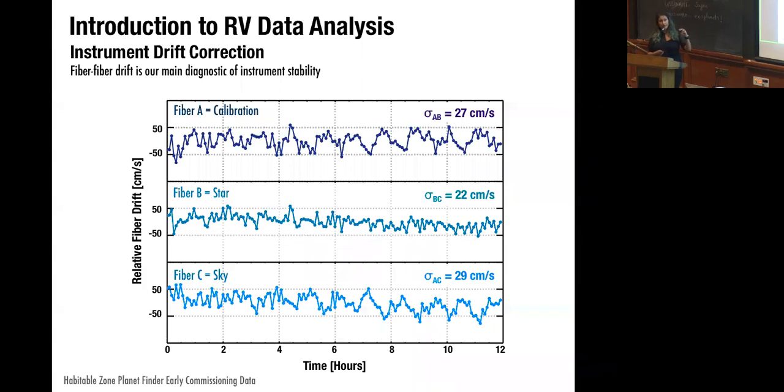If your calibration fiber is moving with respect to the star fiber a bunch, then all of your radial velocity measurements are now wrong. This is early data from HPF showing that fiber B to C, which is our star and cal fiber, is at about 20 centimeters per second over 12 hours.